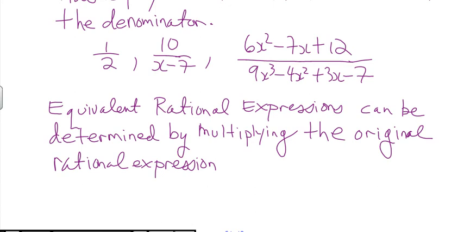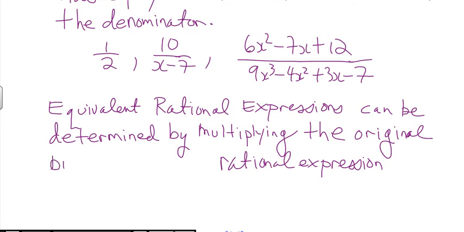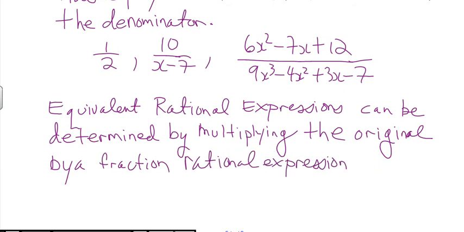Equivalent rational expressions can be determined by multiplying the original rational expression by a fraction, which could be a rational expression, i.e. a rational expression equivalent to 1.